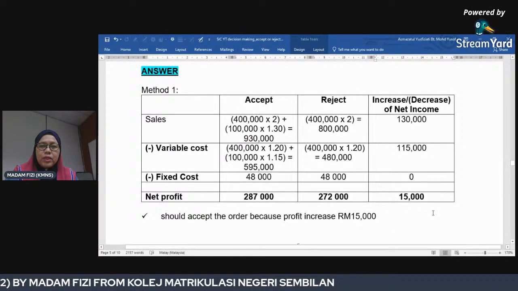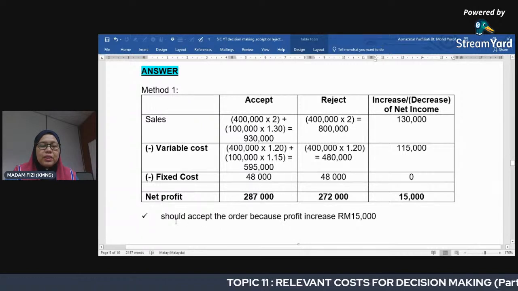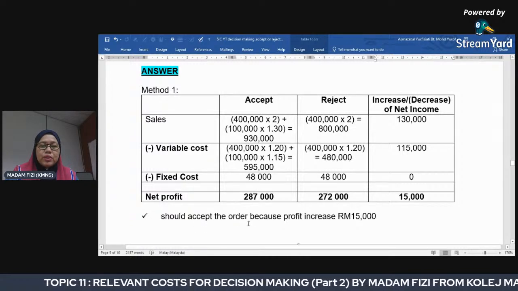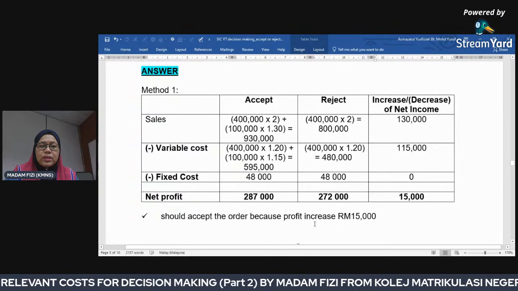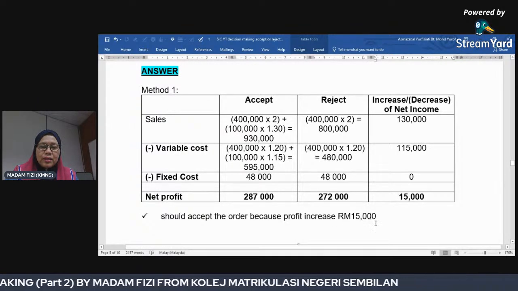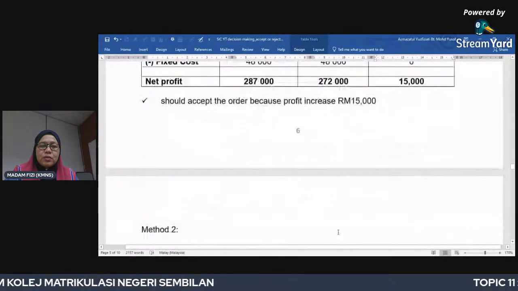So you have to make a column for increase or decrease of net income. Now you make a decision. So the company should accept the special order, because the profit will increase amounting 15,000 ringgit. So that is for method 1.